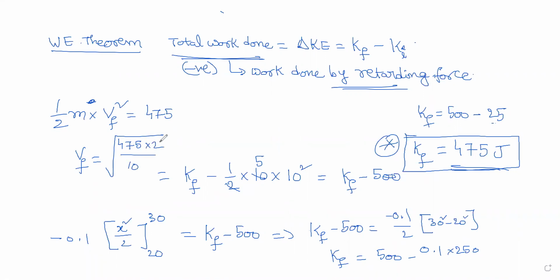This is how one can calculate. So V final is equal to square root of 95. 5 nines are 45, 5 fives are 25, so 95 it works out to. Square root of 95.